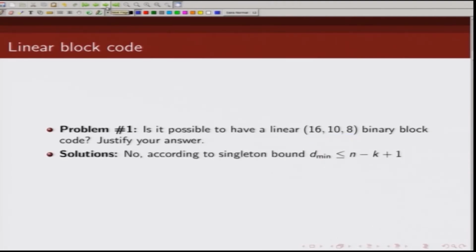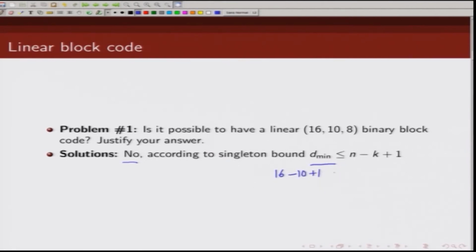Let us start with the Singleton bound. Well, the answer to this question is no. The reason being, this does not satisfy the Singleton bound. Now, what does the Singleton bound say? The minimum distance of a code has to be less than or equal to n minus k plus 1. Here n is 16, k is 10, and this is 1.